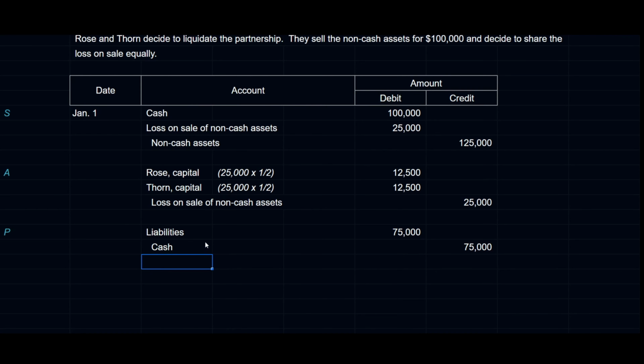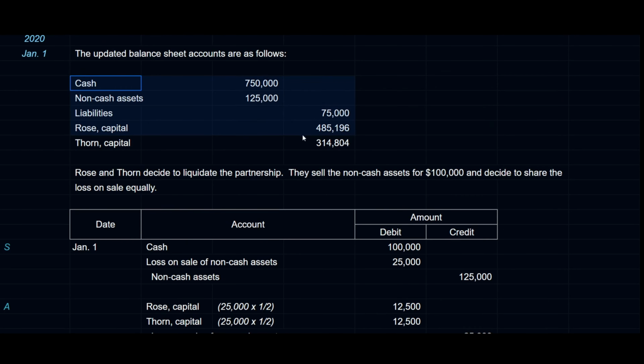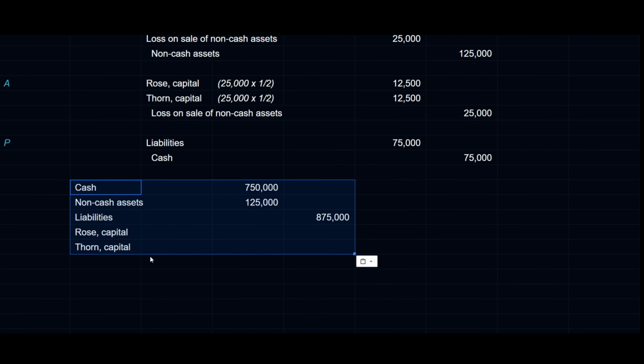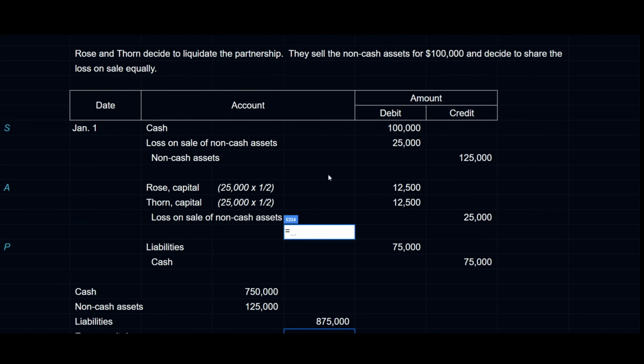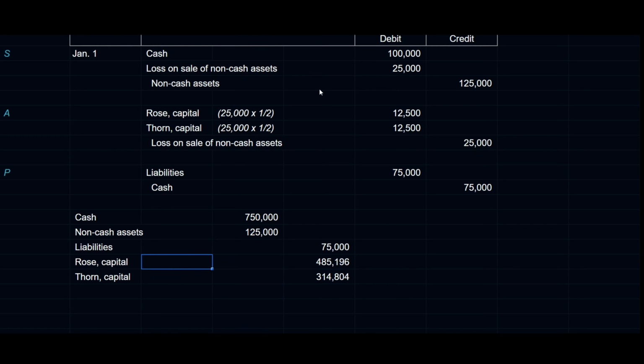Let's take a quick moment to update the balance sheet accounts to illustrate what I mean. Here are the accounts. I'm going to copy and paste them. And this is what they look like prior to this transaction. Now if we take the result of this transaction and update these accounts, let's see what happens.